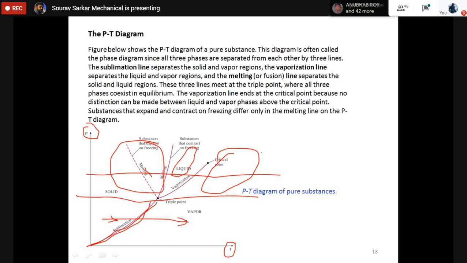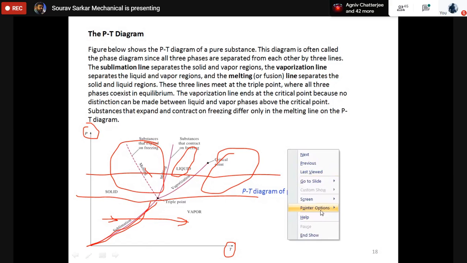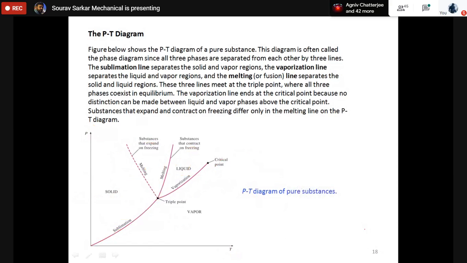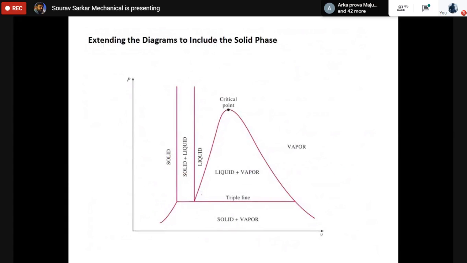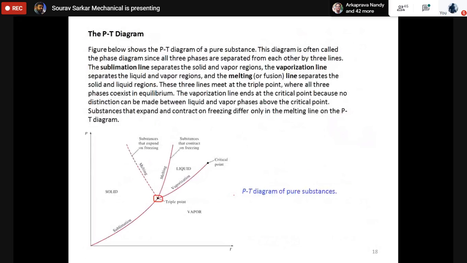Now if you look at this point, this is the point where all three phases exist. The triple line which you have seen in the previous diagram is converted into a point.